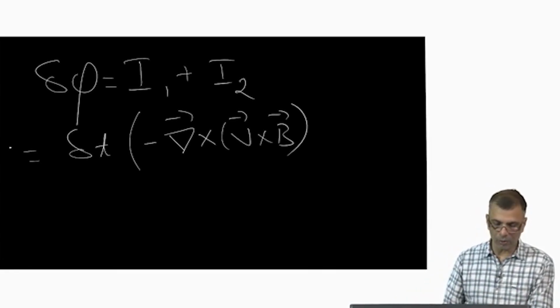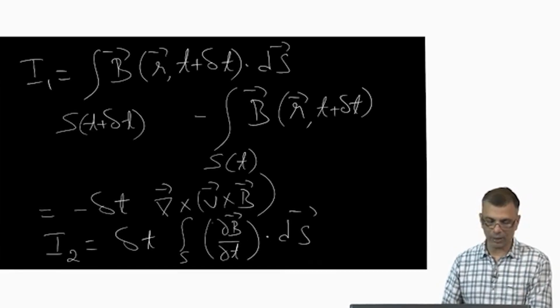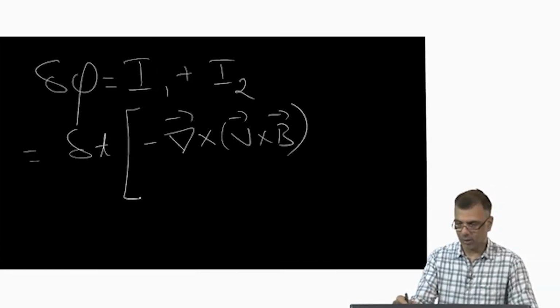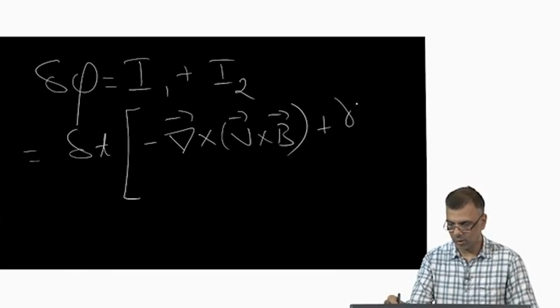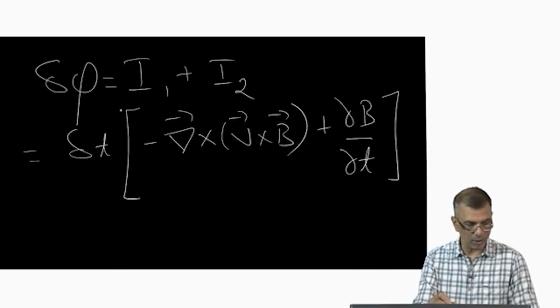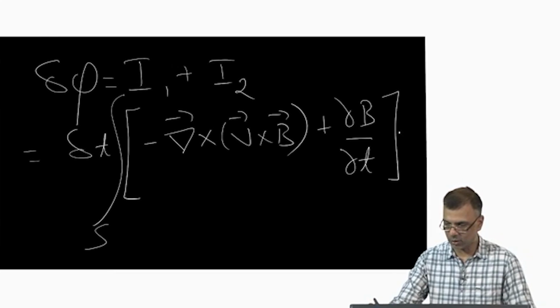And I2 we wrote down as the same delta t dB dt. And so plus this, and of course I always have a surface integral, so I should have a surface integral here too.